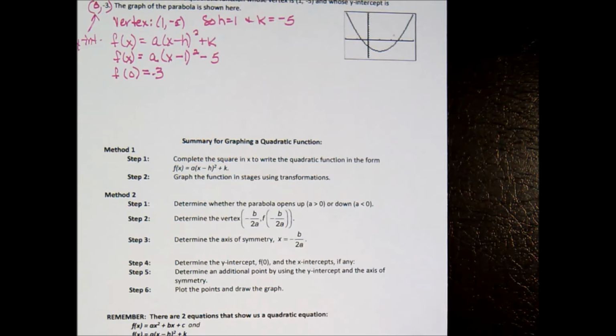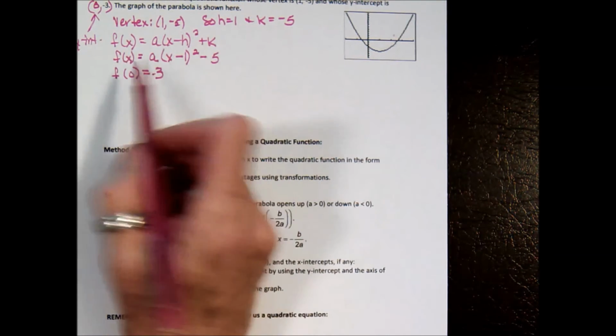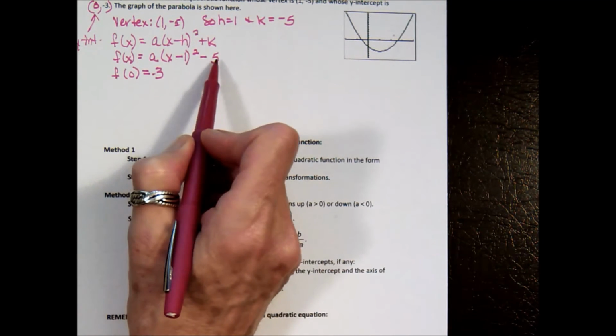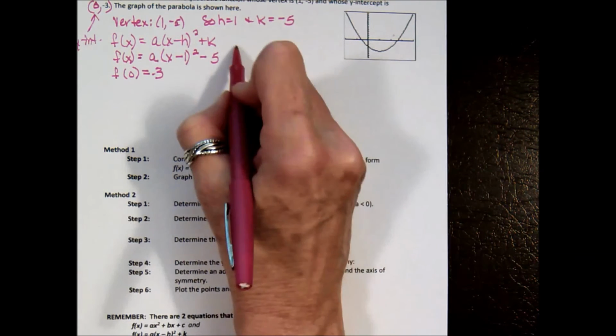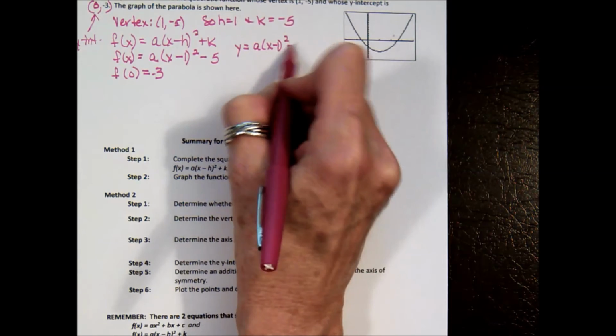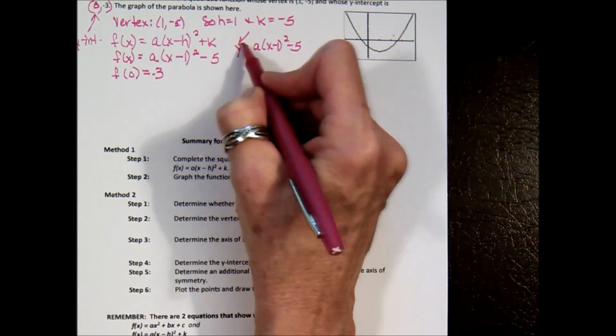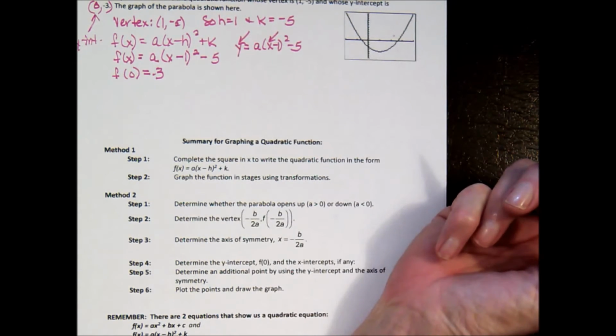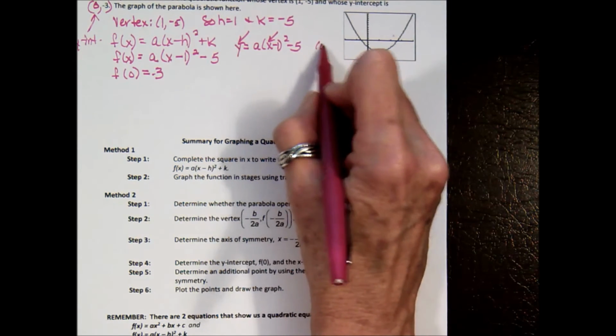So I can say, if f of x equals this, that's the same thing as saying y equals a times (x minus 1) squared minus 5. Don't I have an x and a y I could fill in with that point (0, -3)? I sure do.